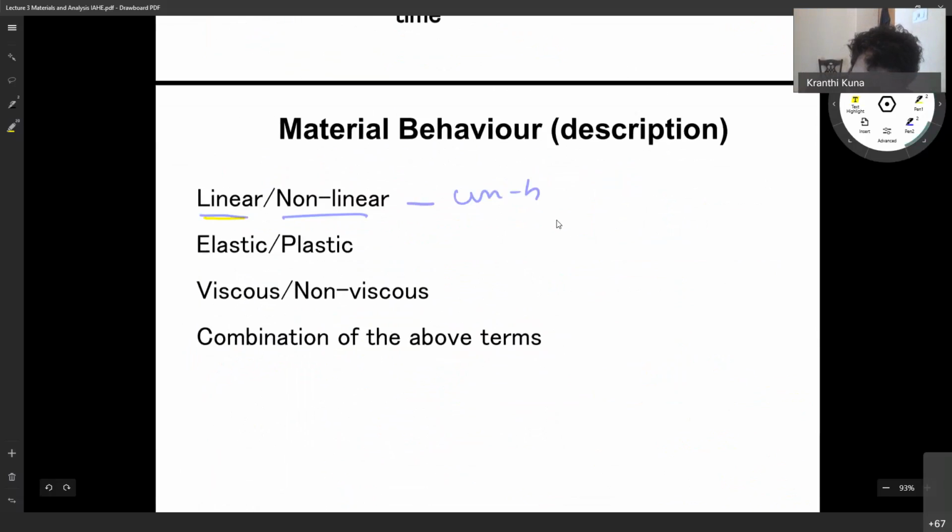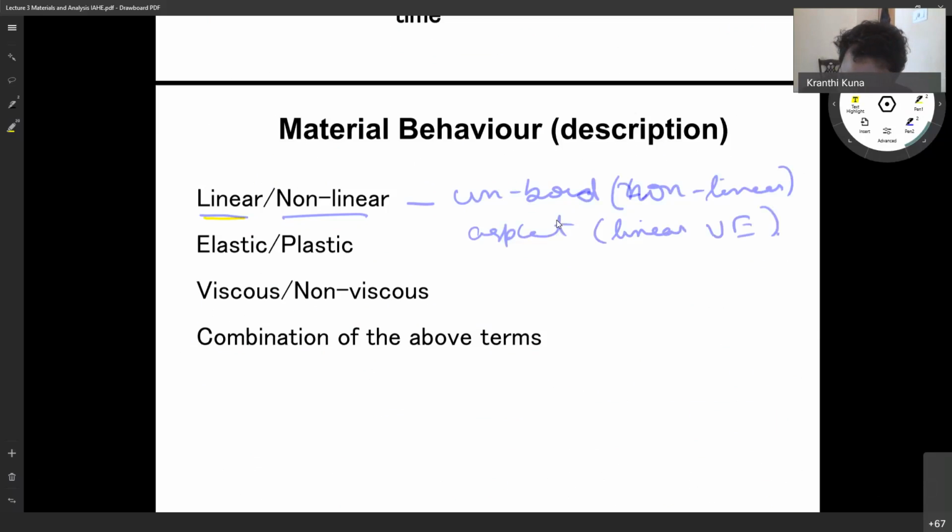Say for example, unbound materials are non-linear elastic. Asphalt, within limits, we can assume as a linear viscoelastic.